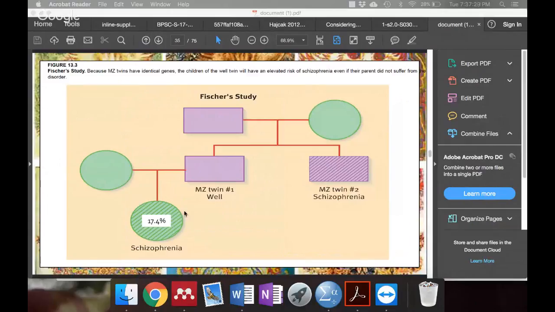You can see that the risk estimate for this offspring is 17.4%, which is larger than the risk we see in the general population, which once again strengthens the argument that this disorder is highly heritable in families. Of course, estimates of risk are going to vary from study to study, so just know what the textbook says and the different estimates that are presented in lecture in each of these different studies.